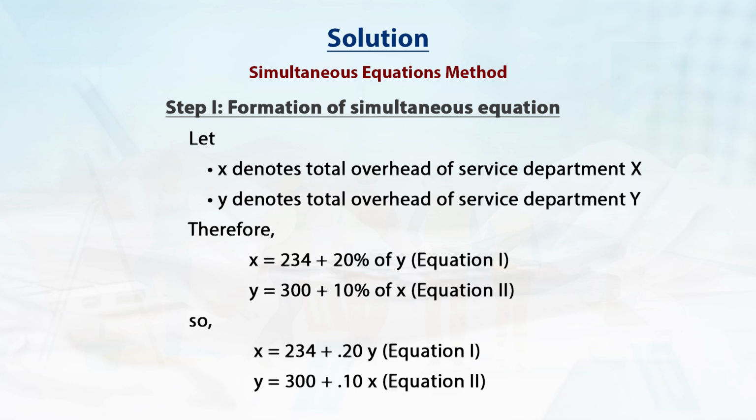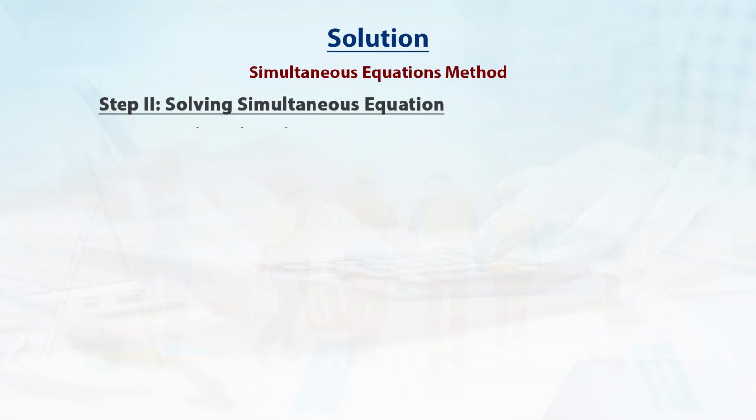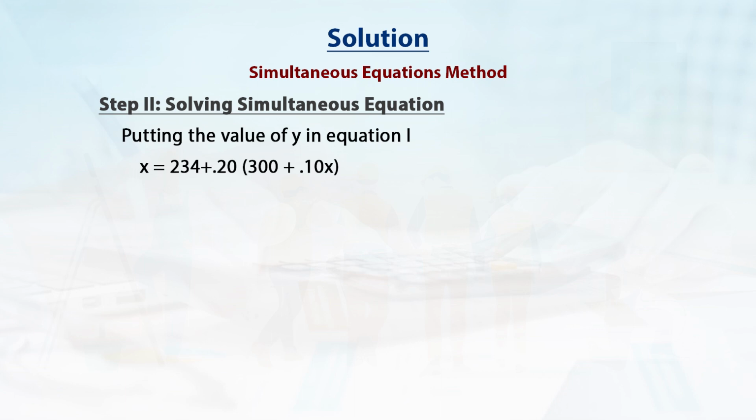Now, step 2 for solving simultaneous equations. Putting the value of Y in equation 1, X is equal to 234 plus 0.20 into (300 plus 0.10 X), which will give us X is equal to 234 plus 60 plus 0.02 X. Therefore, X minus 0.02 X is equal to 294.